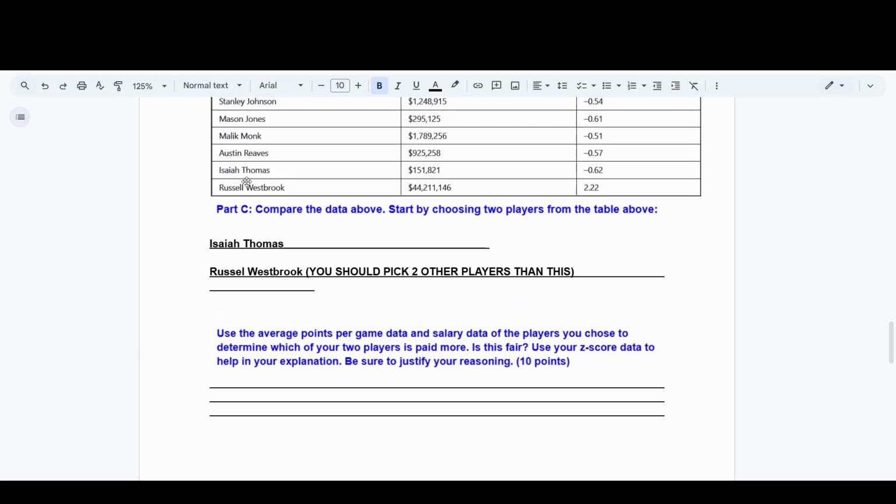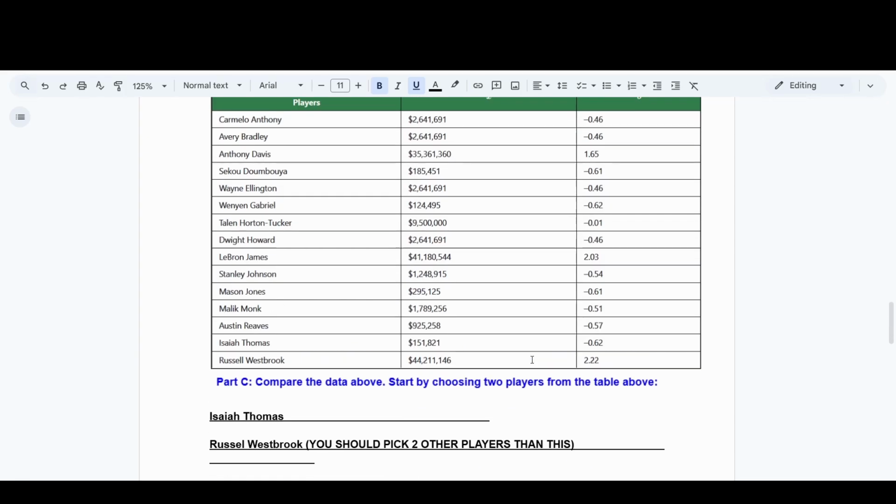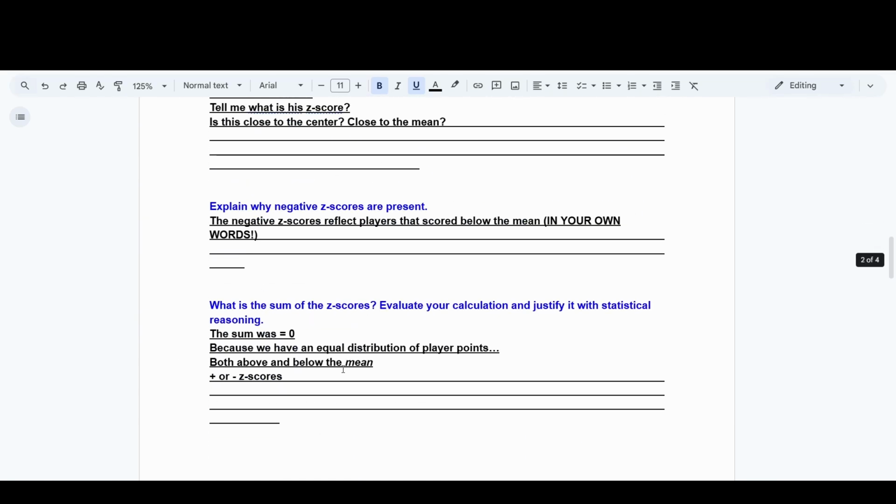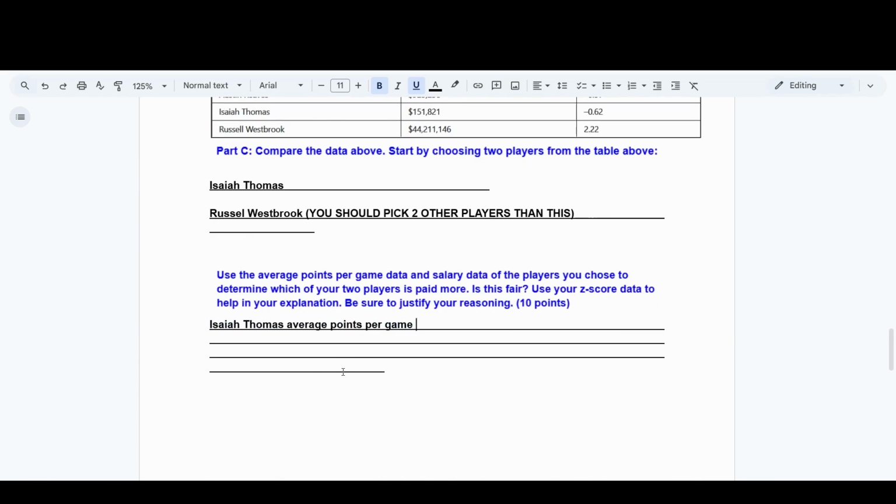So let me start by looking at Isaiah Thomas. His average points per game, let's see, he was 9.3, which was a little below average.